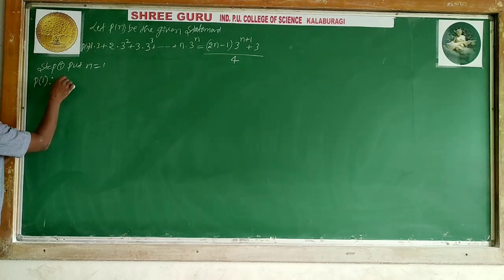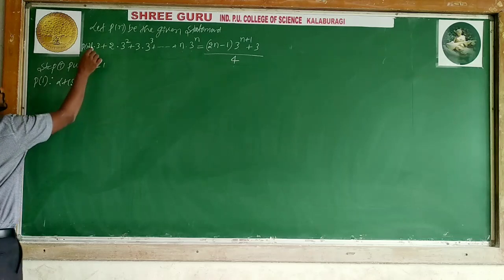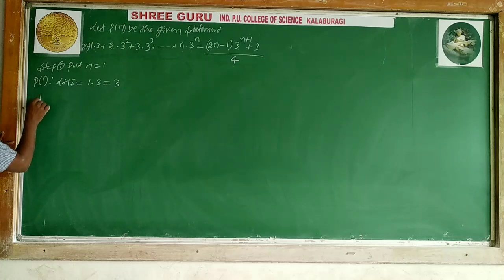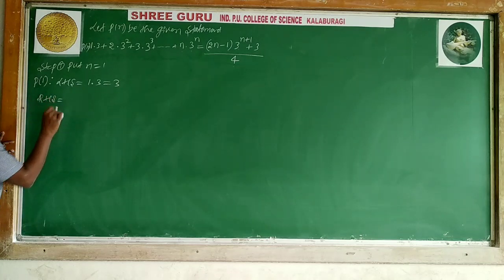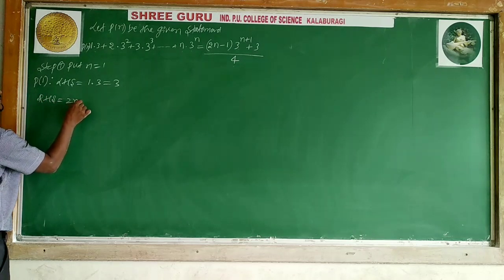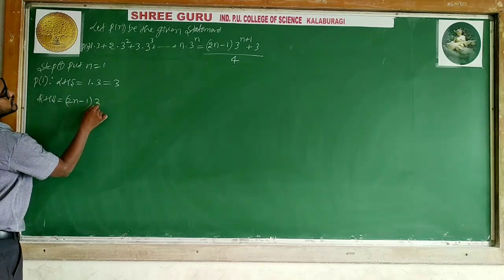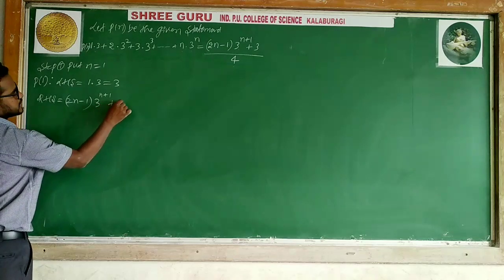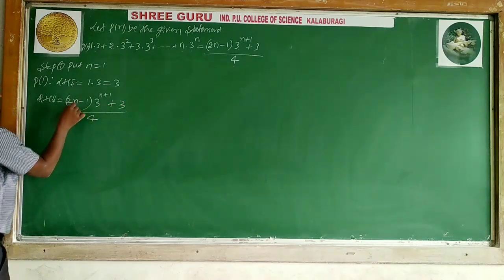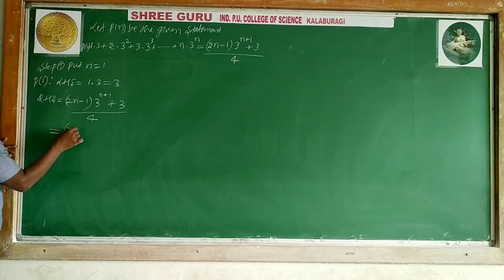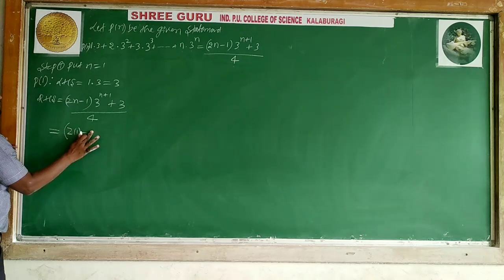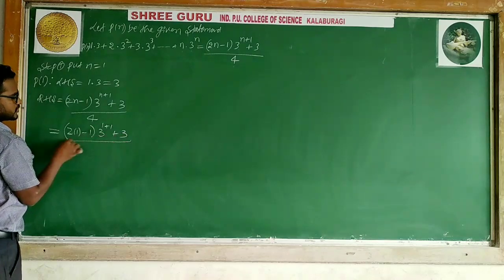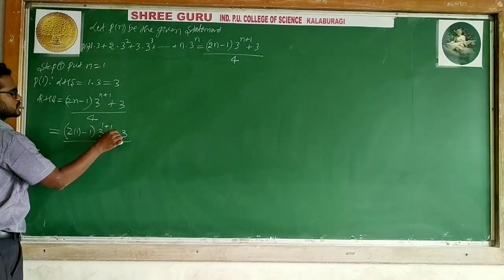This will become LHS is equal to, what is the LHS? First term, 1 into 3. 1 into 3 is what? 3. What is RHS? RHS is equal to 2n minus 1, 3 to the power n plus 1, plus 3, divided by 4. What is n? You are taking n as 1. 2 into 1 minus 1, 3 to the power 1 plus 1, plus 3, divided by 4. Wherever n is there, you substitute 1.